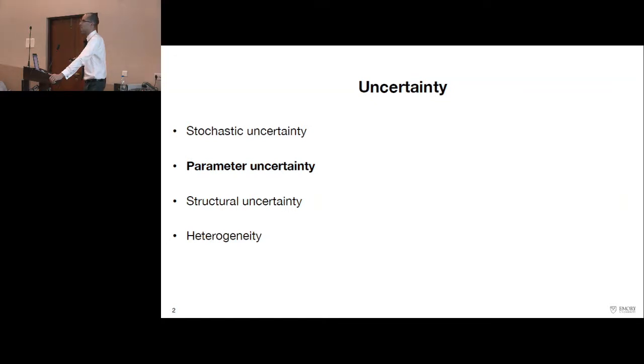Stochastic uncertainty is when the parameters are fixed. So let's say the probability of getting the flu is 25%, but the ultimate outcome will be yes or no. It will not be anything in between. It will be yes or no. So that's stochastic uncertainty: whether, based on a fixed rate, a fixed probability, you will acquire flu or not.